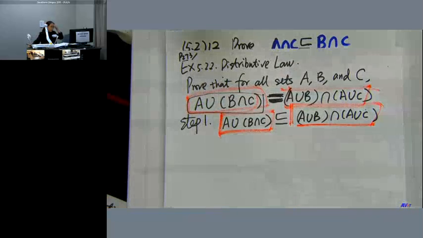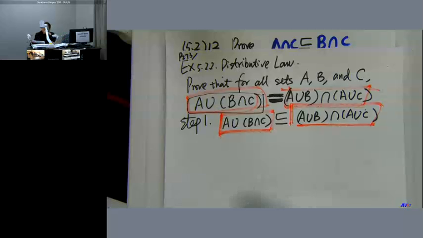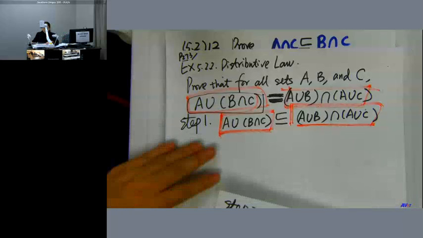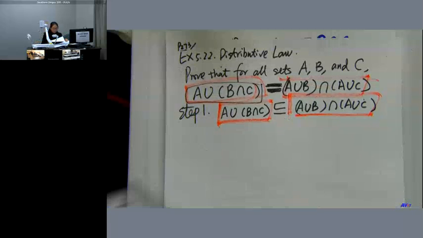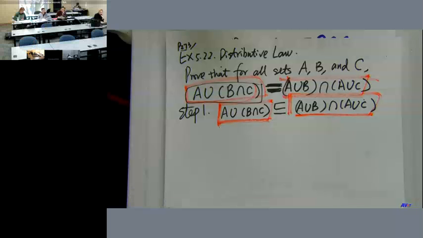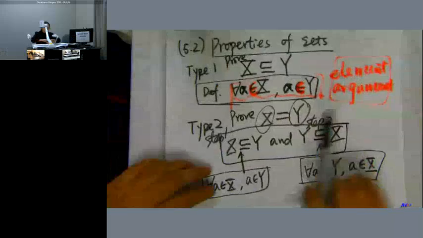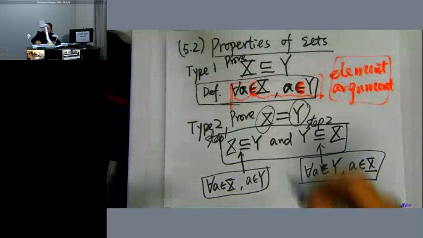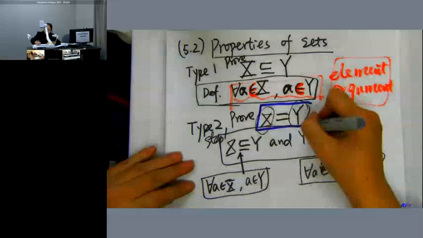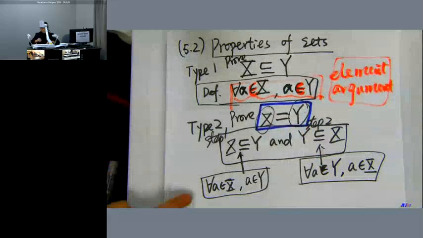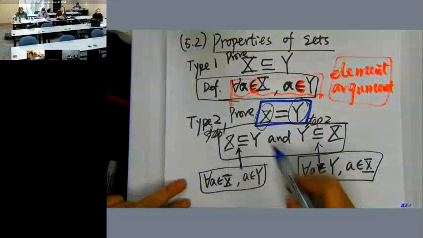I did say there's another type of question where you need to show two sets are equal. We also have those in the homework and in the practice exam. So in order to prove two sets are equal, what do we have to show? Two steps. Which two steps? How do we show two sets are equal? Yes, that's right.